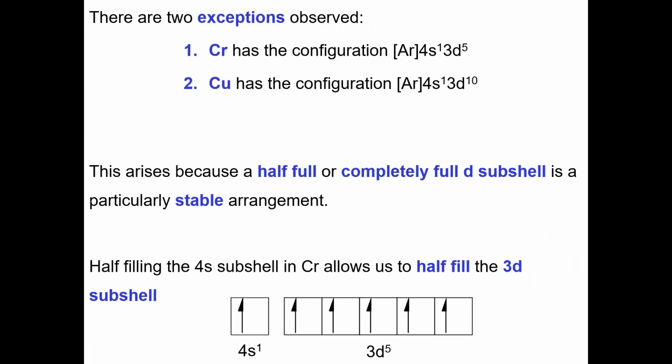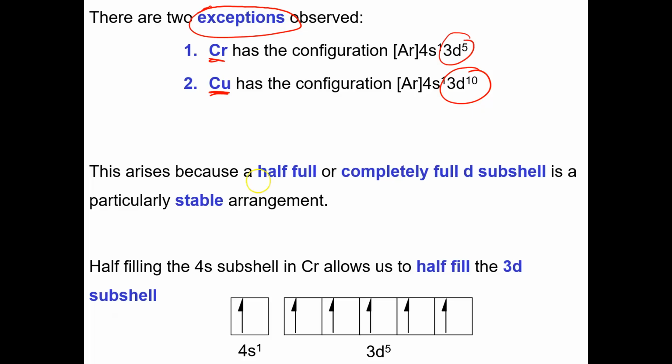Okay, so something we want to be mindful of as we're filling up 3d is that there are 2 exceptions, one for chromium and one for copper. This gives us an electron configuration for chromium that ends in 3d5 and an electron configuration for copper that ends in 3d10.